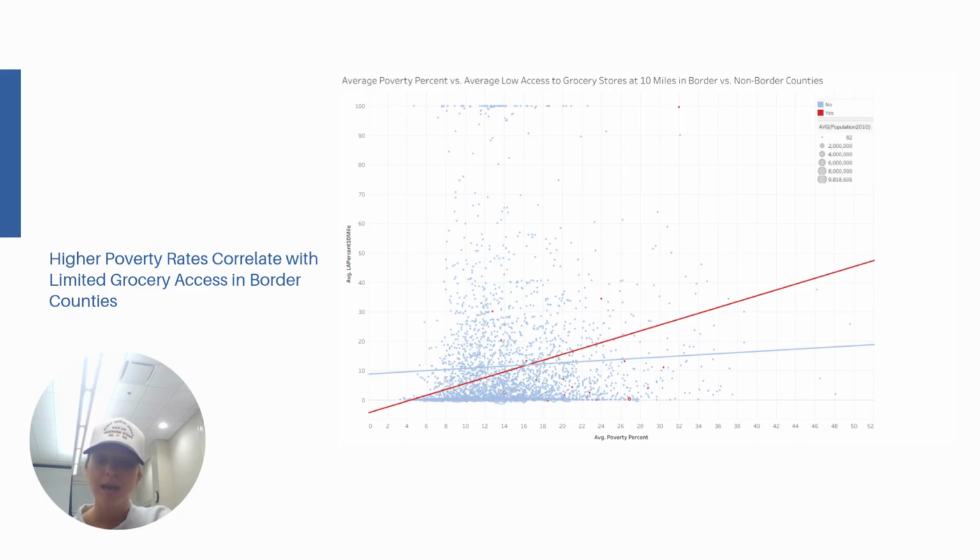But when we look at the border county data in the red, we can see that as the percent of poverty in each county increases, the likelihood of low access to a grocery store increases by even more, showing a steeper relationship between poverty and not having access to food in border counties than in non-border counties.